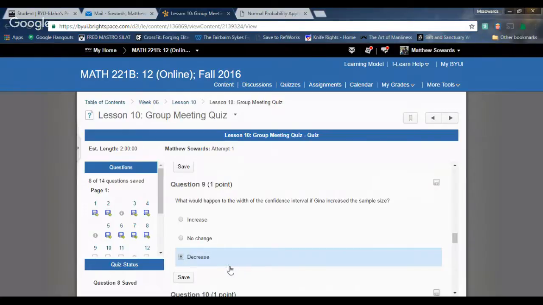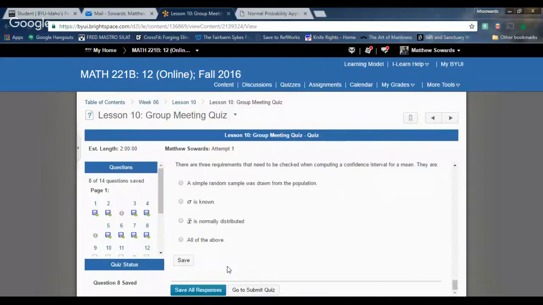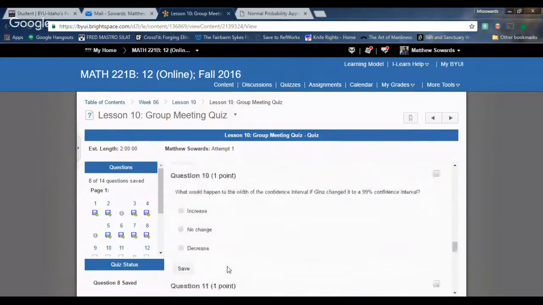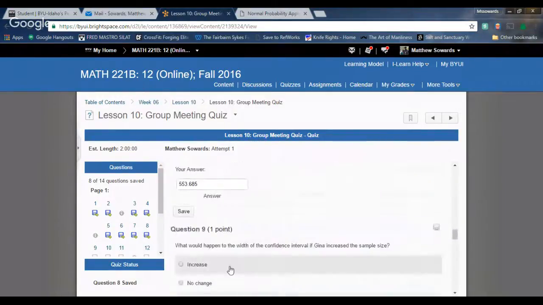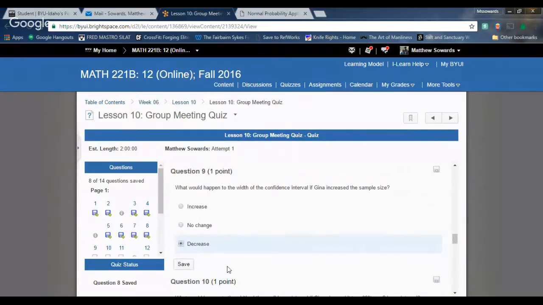Okay. Number 9, what would happen to the width of the confidence interval if Gina increased the sample size? Oh. Okay. Hang on, I got that right here.